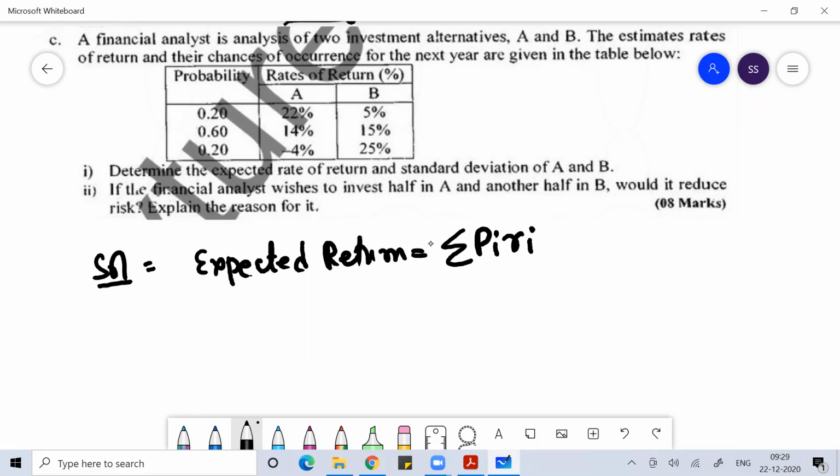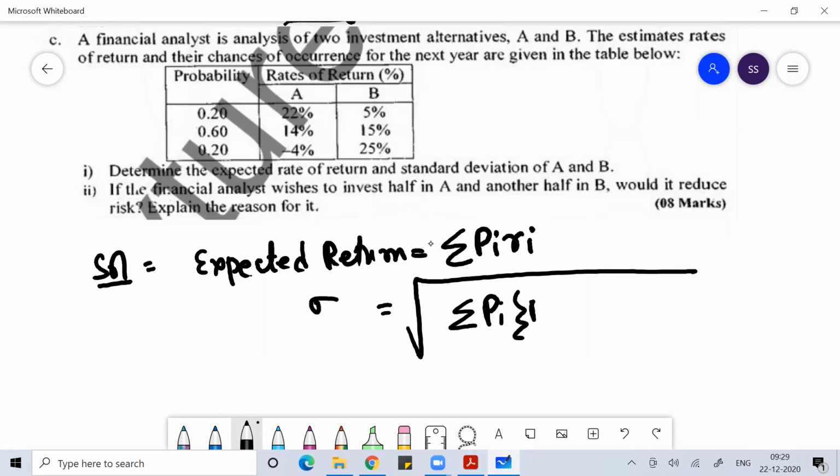Then the formula for the standard deviation is under root of summation of pi into (ri minus ER) whole square, where ER is the expected return. This is the formula of standard deviation which we will apply here to get the answer. I hope everyone is clear this much.